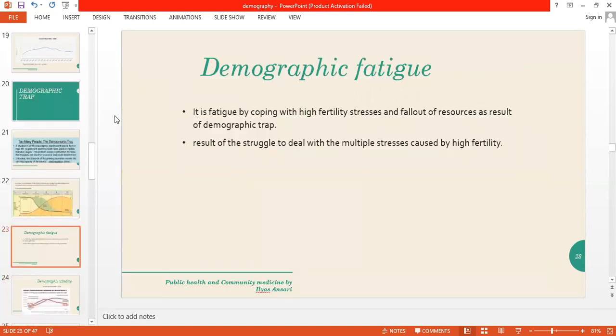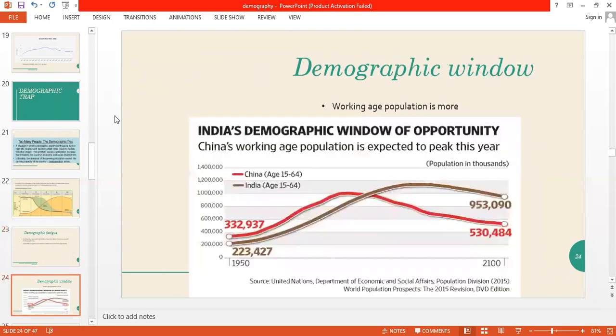What is demographic fatigue? It is the fatigue of coping with high fertility, stresses, and fallout of resources as a result of the demographic trap, the struggle to deal with multiple stresses caused by high fertility. What is the demographic window?